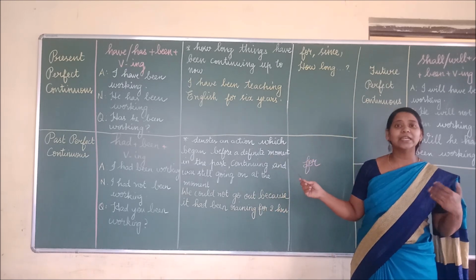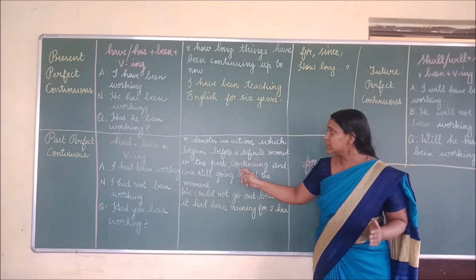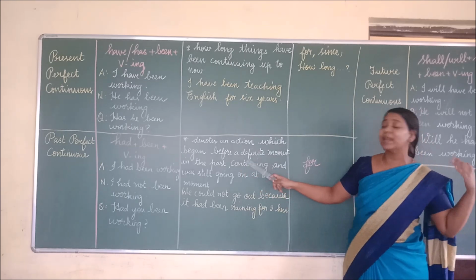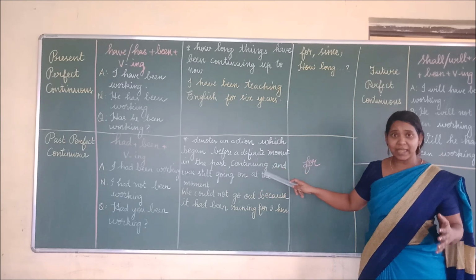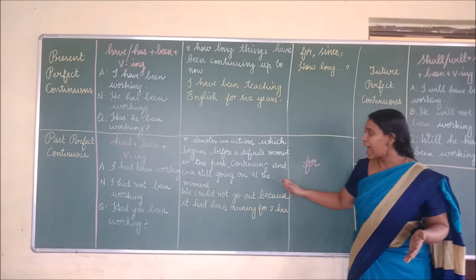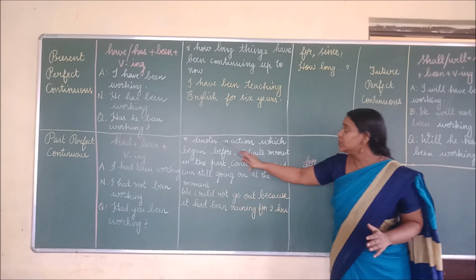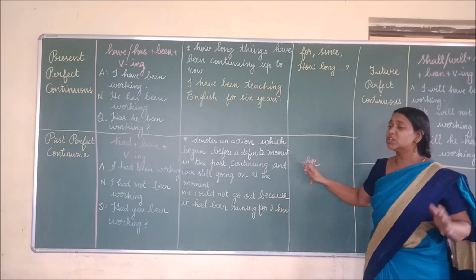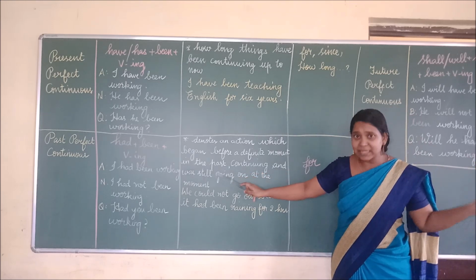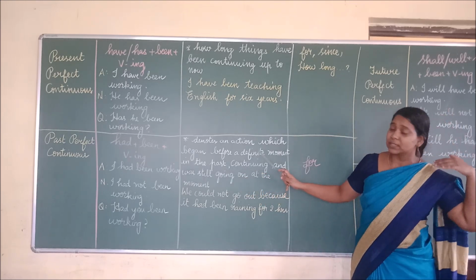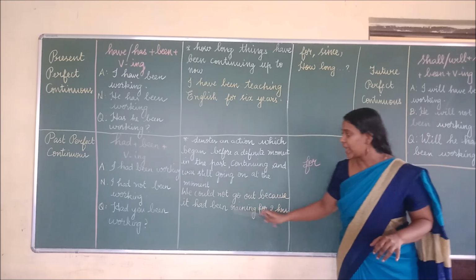Now we see when do we use past perfect continuous tense: to denote an action which began before a definite moment in the past, continuing, and was still going on at that particular moment.